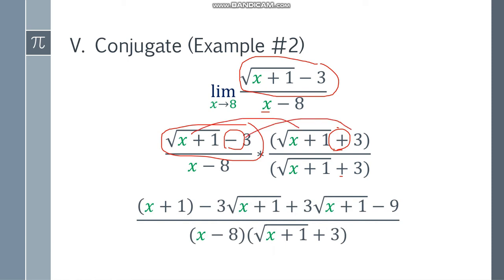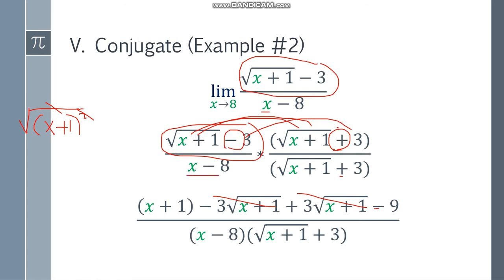But just to show you, because this will be cancelled out anyways. The square root of x plus 1 multiplied to the square root of x plus 1 will be x plus 1. You're just removing the sign. It's just like x plus 1 squared. So cancel the radical sign and the exponent. So we have x plus 1 here. And negative 3 multiplied to positive 3, that will be negative 9.